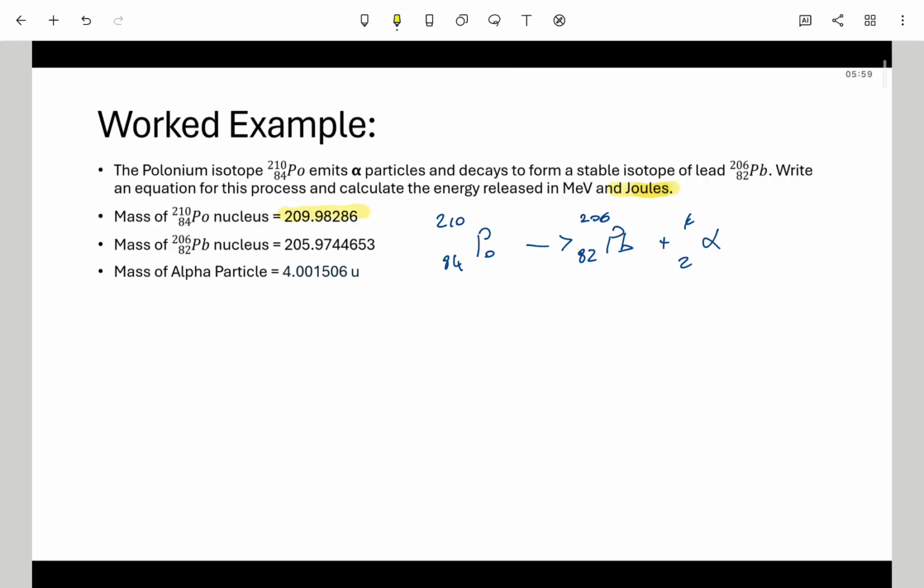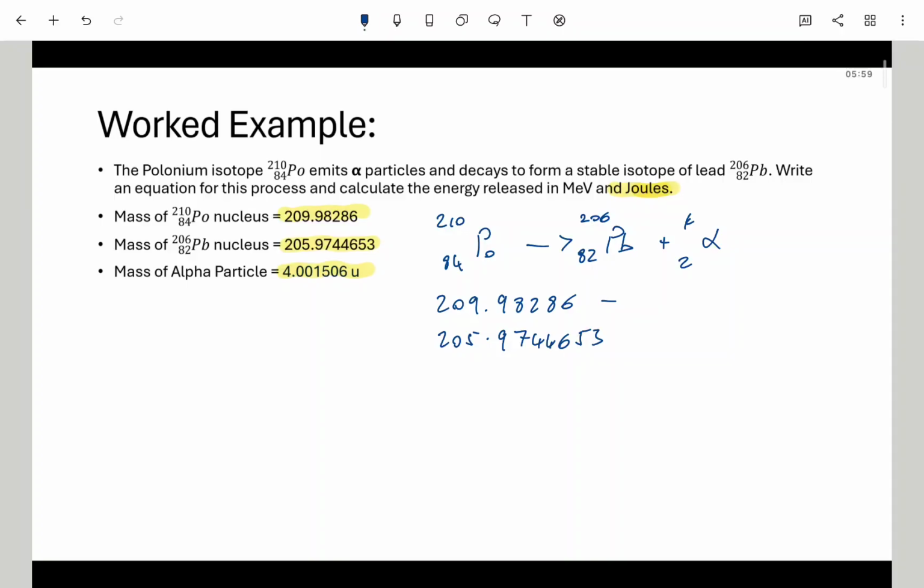So you want to do that one and then subtract these two. So there'll be a slight difference in mass. And that's the mass defect, and that mass defect will turn into energy. So 209.98286, and then subtract the 205.9744653.